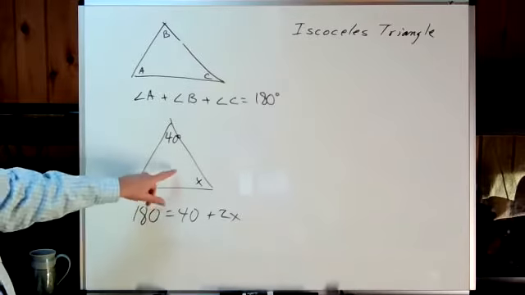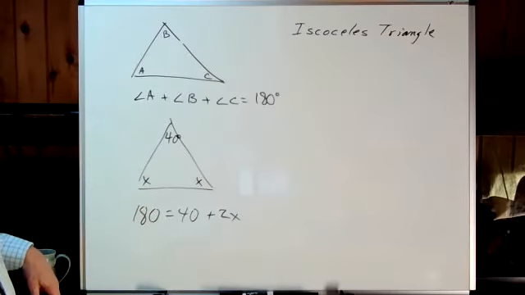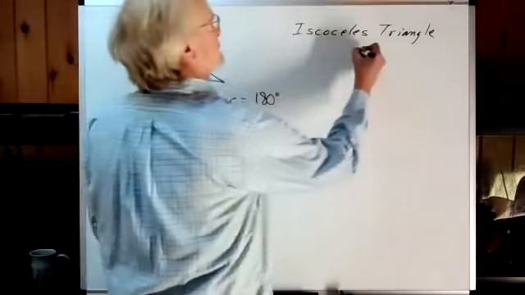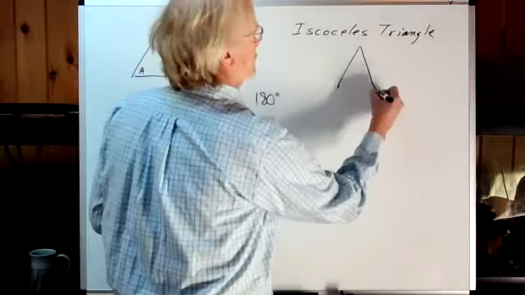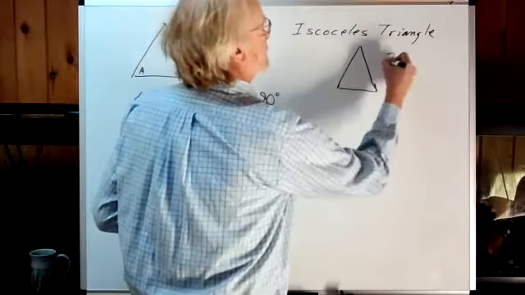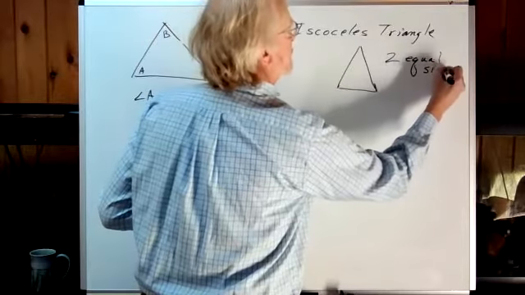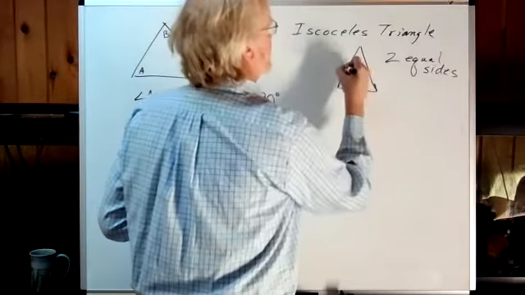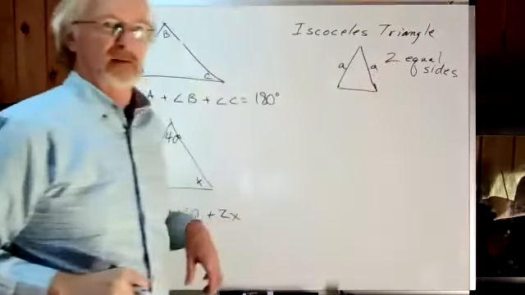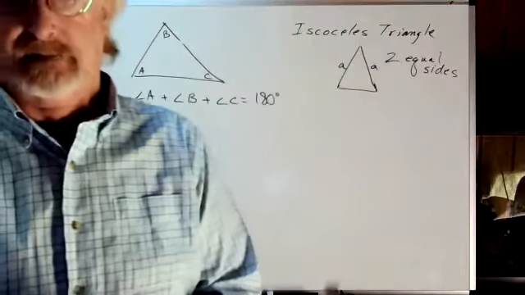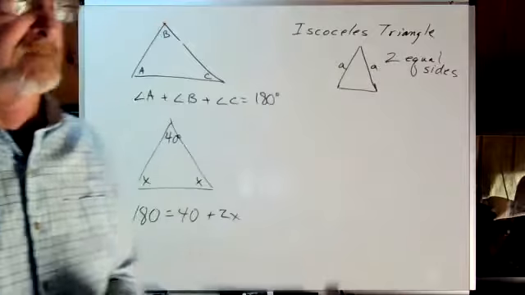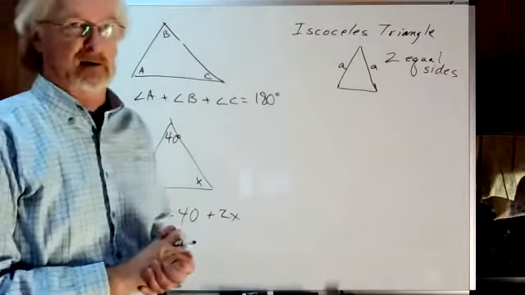Isosceles triangle, really, if you know any little bit of geometry, this would have to be an isosceles triangle. But an isosceles triangle is one that has 2 equal sides. Like if this is A, that's an A. Those two side lengths are the same, and it is what we call an isosceles triangle.